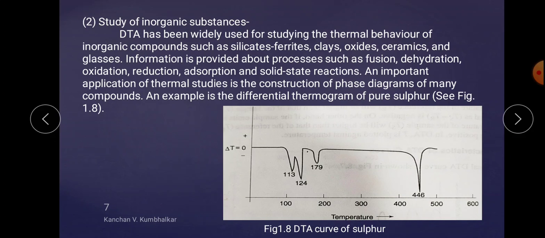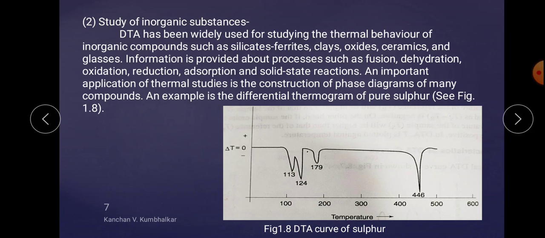Information is provided about processes such as fusion, dehydration, oxidation, reduction, adsorption and solid state reactions. An important application of thermal studies is the construction of phase diagrams of many compounds.